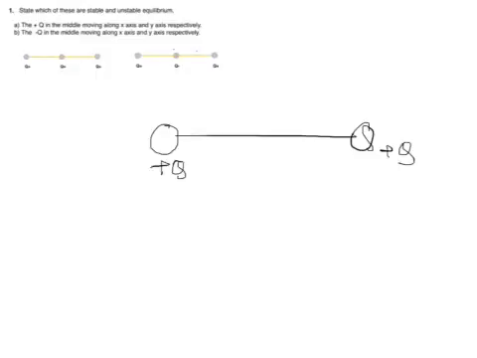Okay, now let us see this one. This is the first one. What is happening over there? There is a plus q and there is another plus q, and there is a plus q charge inside, which is also the same charge.